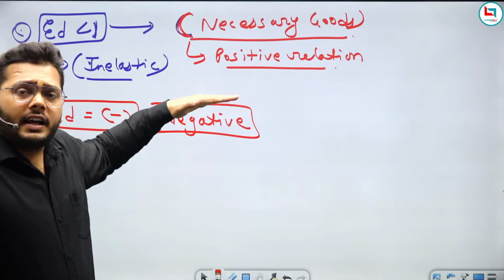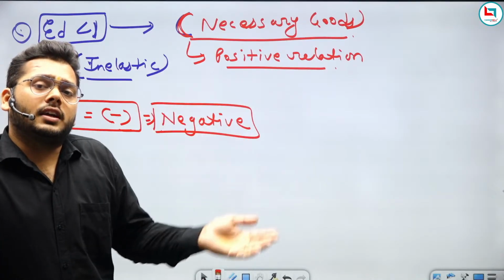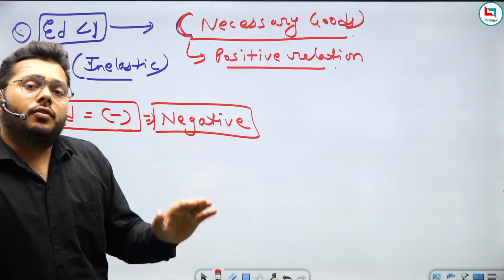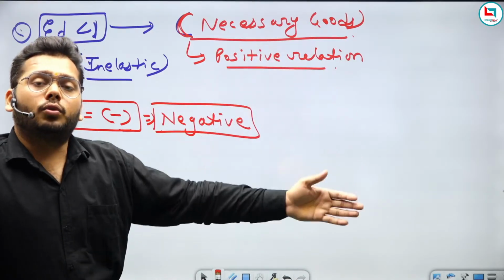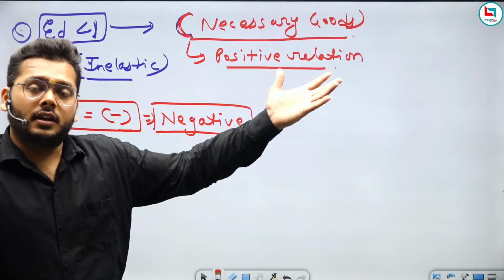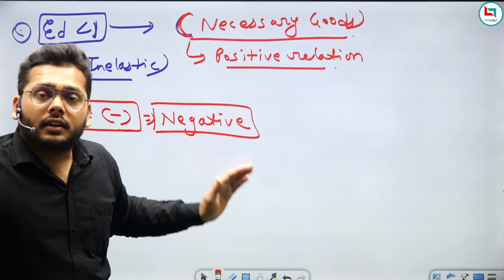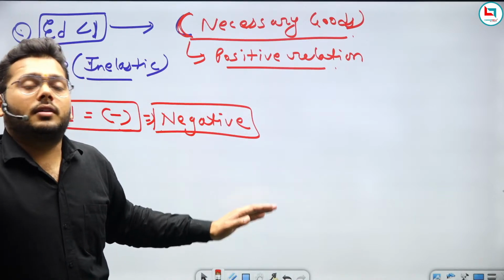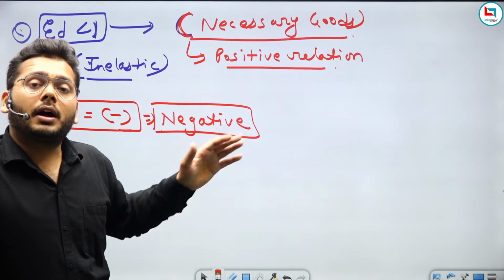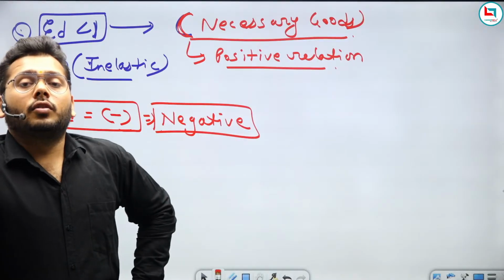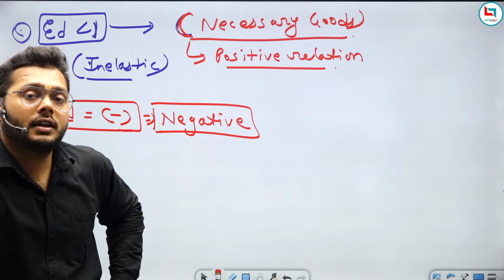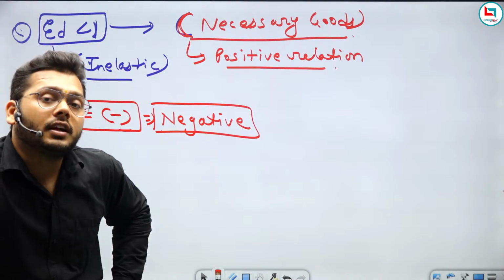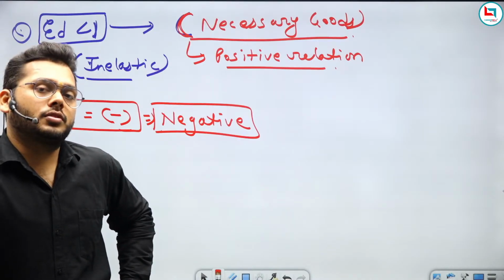Before this, I explained that if income increases, the demand for the good also increases. But here I am saying that if income increases, the demand of that good will decrease. Which type of goods' demand will decrease? Inferior, low quality goods.